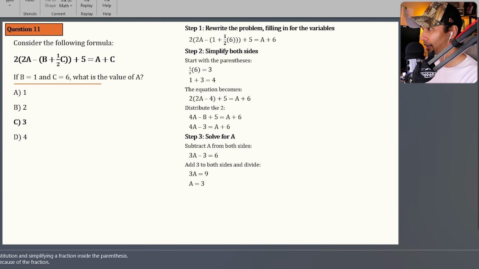And then I didn't show it here, but I distributed that negative. And then I simplified further, distributed the 2, and then isolated for A. And then we get 3A equaling 9, divide by 3, and then we get A equaling 3.